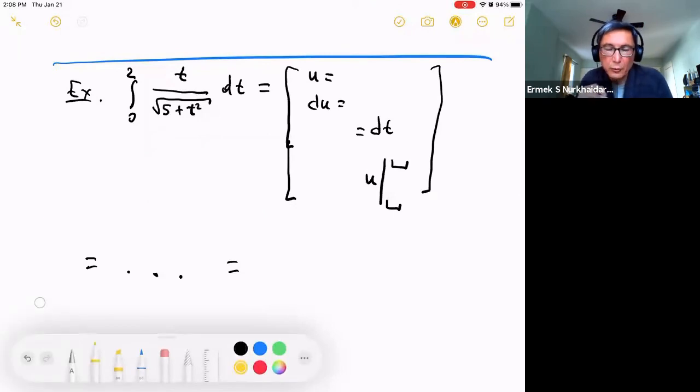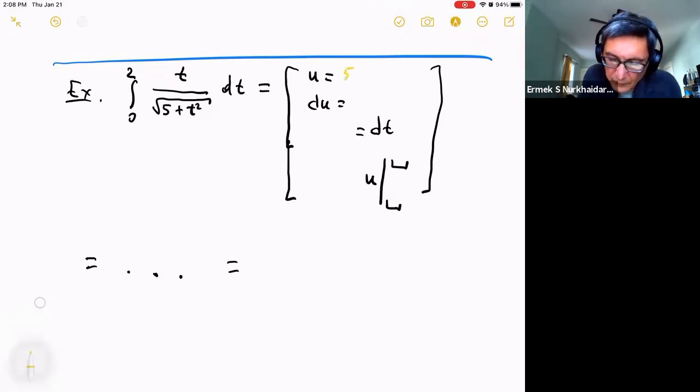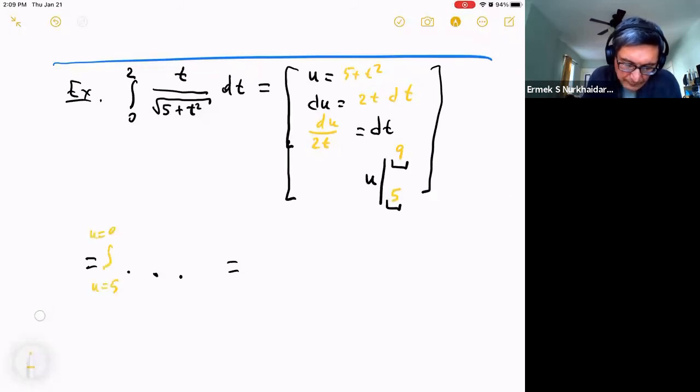Okay, let me quickly fill up what I expected you to do. So u equals 5 plus t squared, 2t dt, du divided by 2t. So u is changing from 5 to 9. So substituting, t square root of u, du divided by 2t.